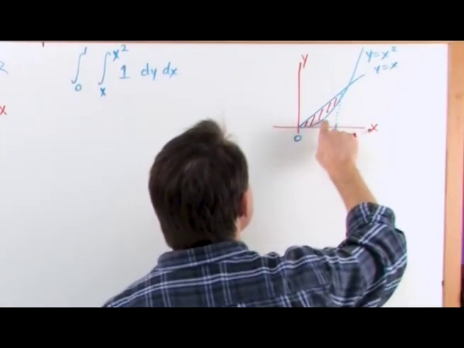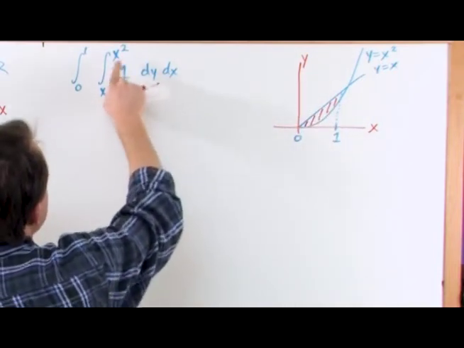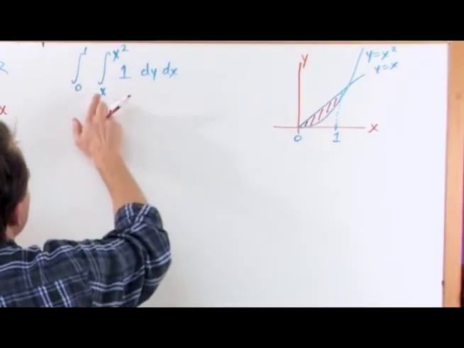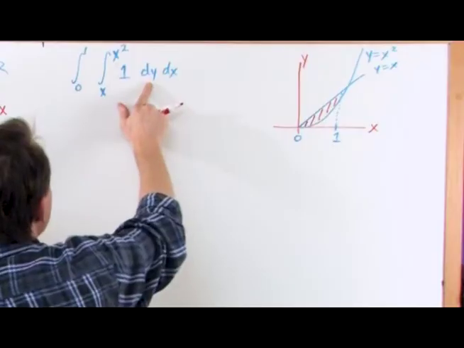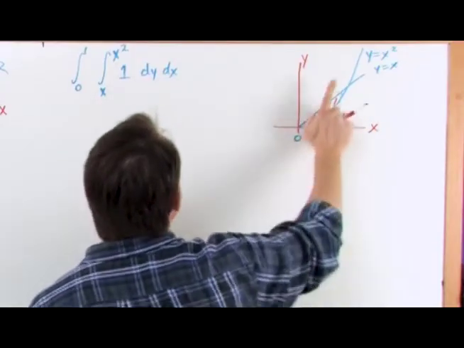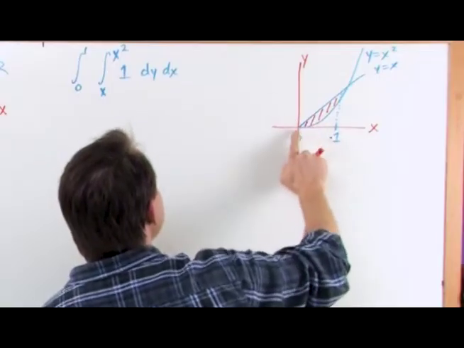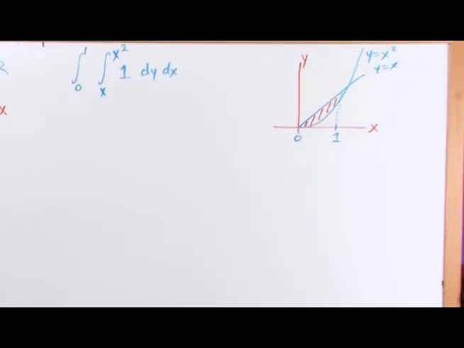You're integrating between this curve and this line, so you're integrating between a line here and a curve here, okay? And then these are functions because y is equal to x and y is equal to x squared. You're integrating along y. You're integrating this direction first, and then you integrate from 0 to 1, that direction. The combination of the two sweeps out an area. That is what you're integrating over.